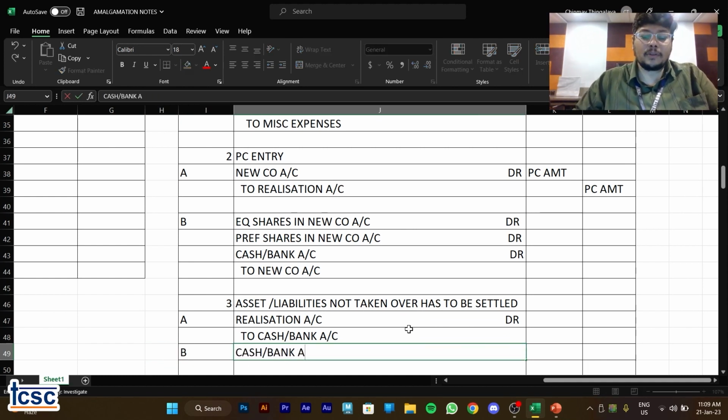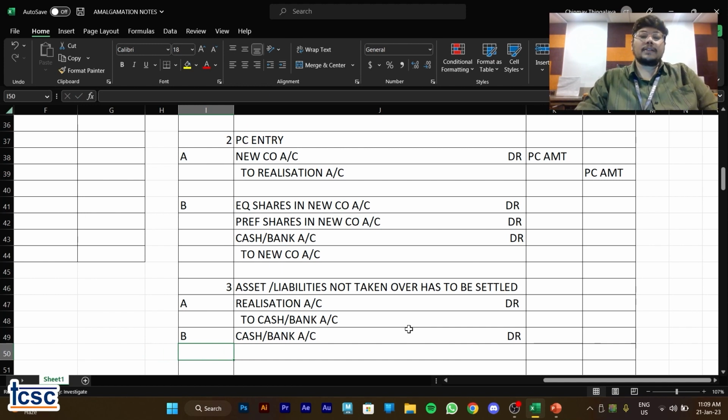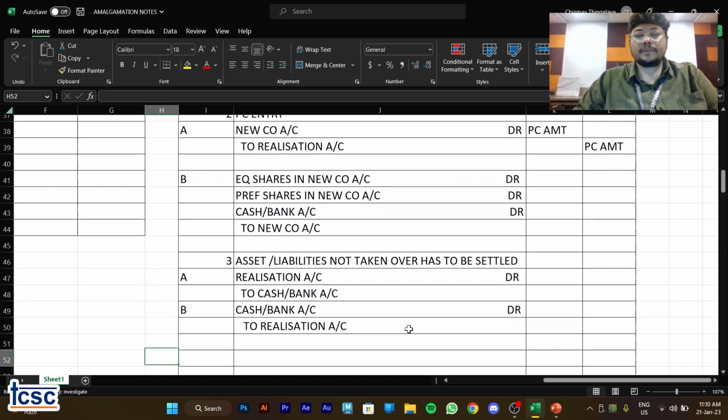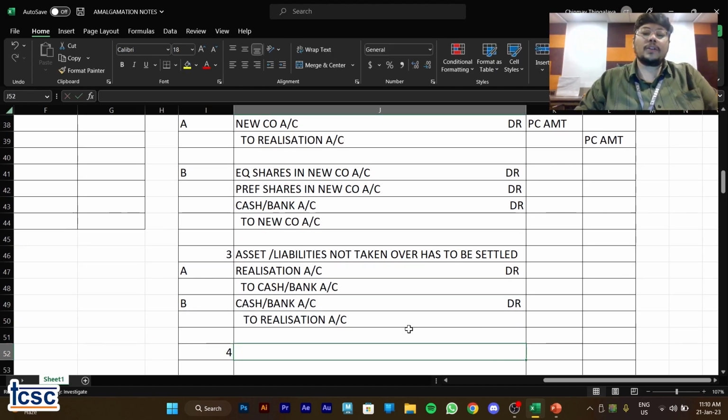If I sell a particular asset, cash comes into the business, real account rule says debit what comes in, so cash bank to realization account. So all the assets and liabilities which are not taken over have to be settled by the following entries.